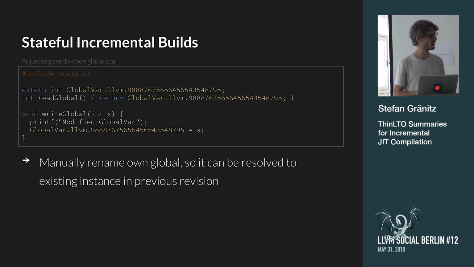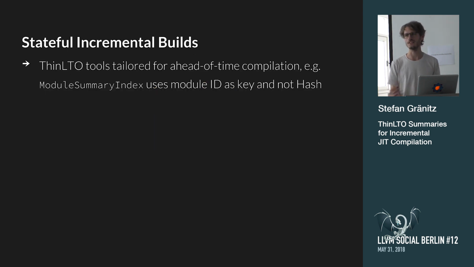And what I did in my prototype is just to hack that on my own, that if we recompile a module and I realize, okay, I already have this global variable in memory with a state, then I rename this in the module. But that's kind of a hacky thing that would be better to solve if a little detail would be different. It's ThinLTO, it doesn't care about this, so there's nothing wrong. It's just not so well usable for stateful incremental compilation.